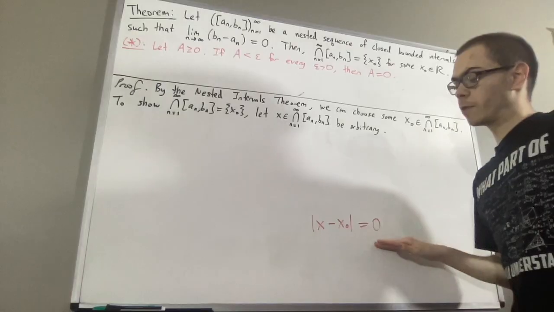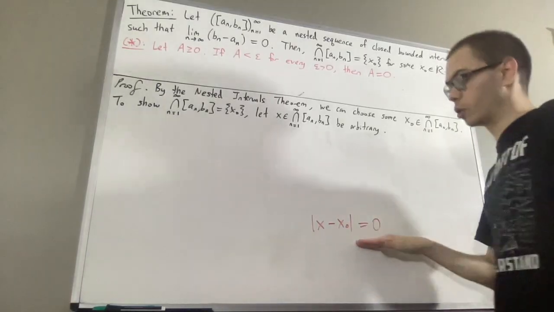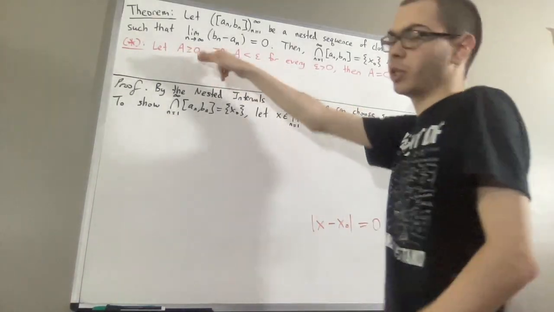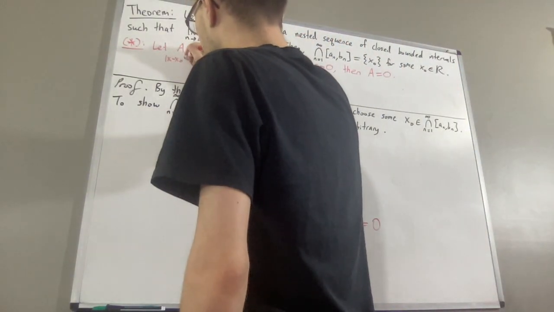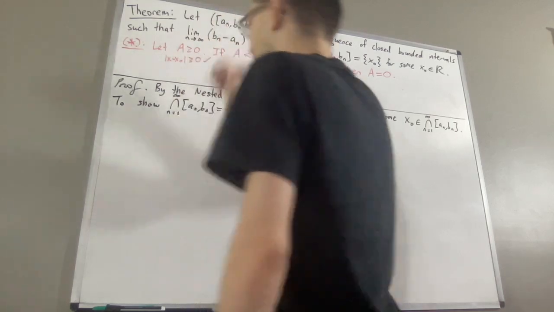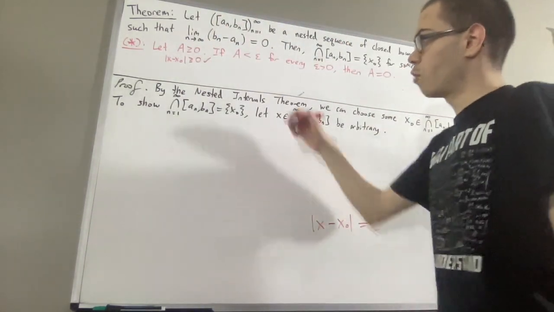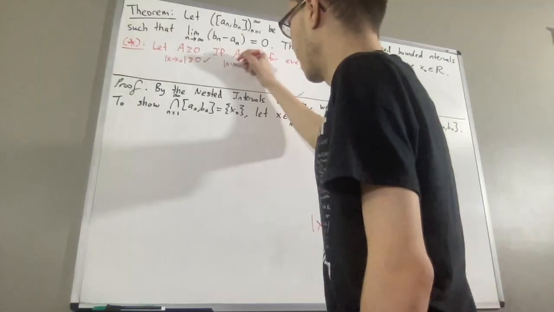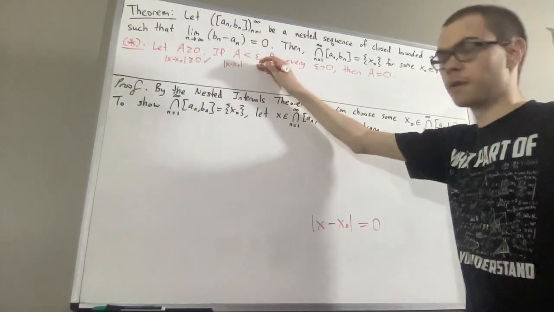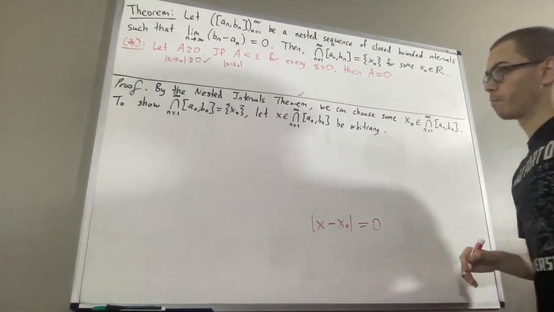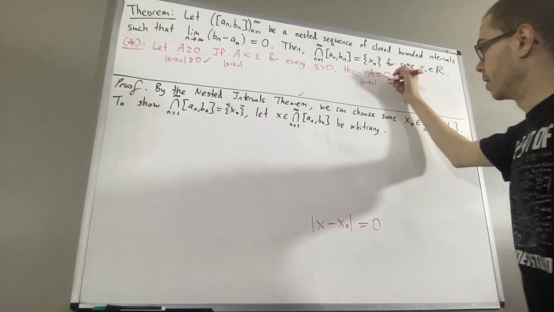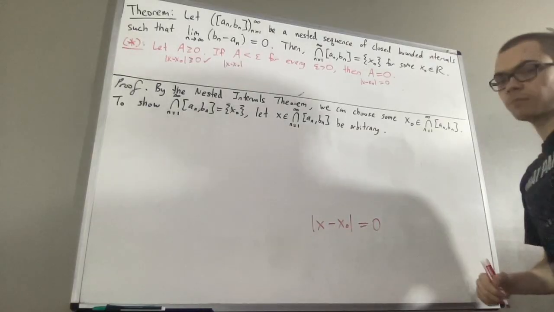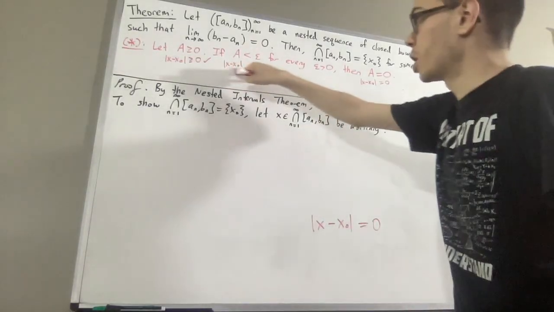First of all, we know that the absolute value of any real number is greater than or equal to 0. So, the absolute value of x minus x0 is greater than or equal to 0. That's true. So now we want to show the absolute value of x minus x0 is less than epsilon for every epsilon greater than 0. That will prove that the absolute value of x minus x0 is equal to 0. So, we want to show that this is true.